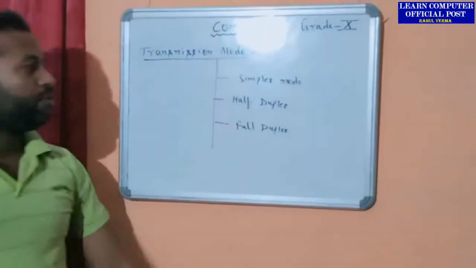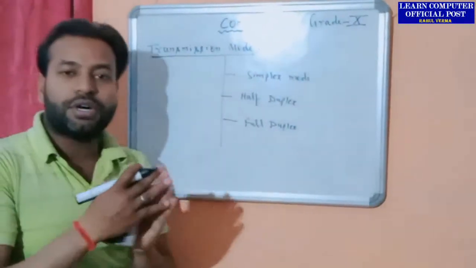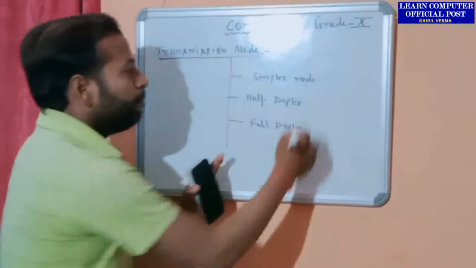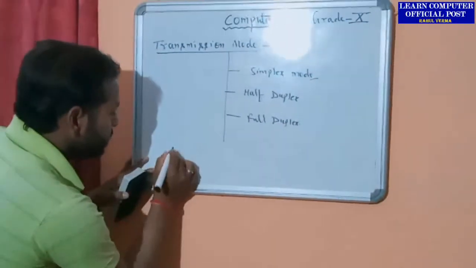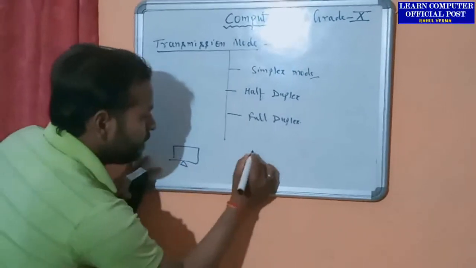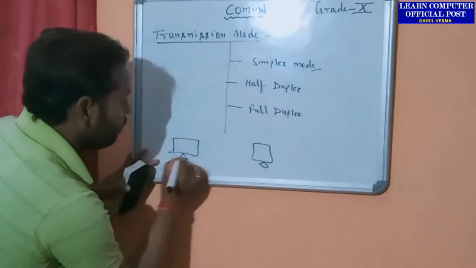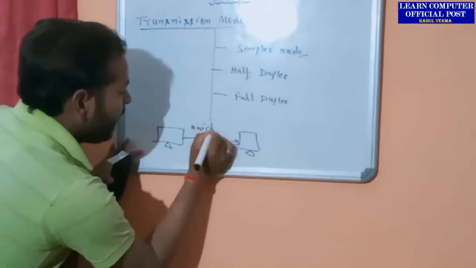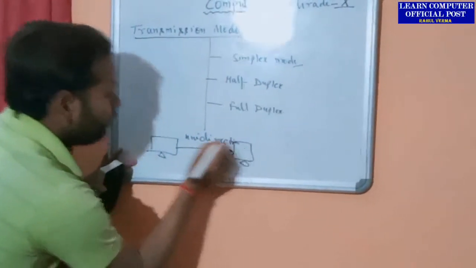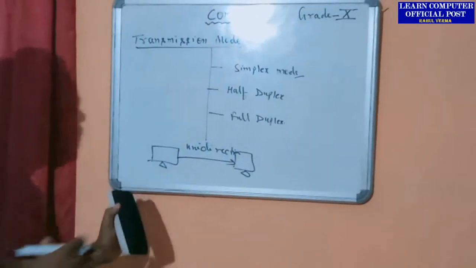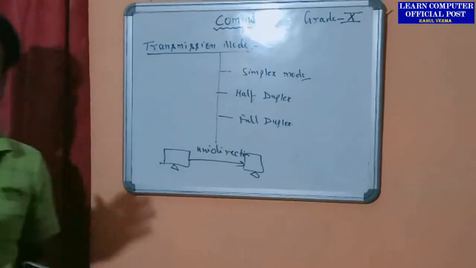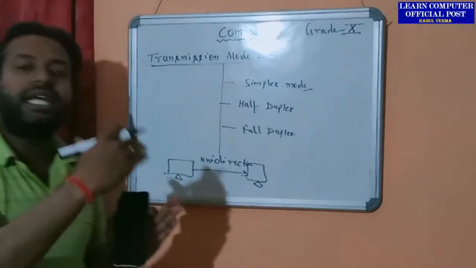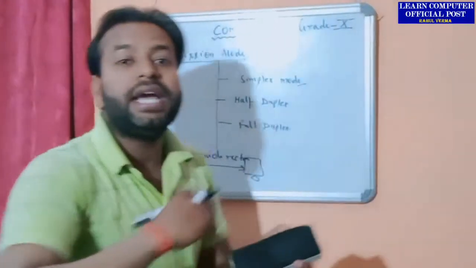What is simplex mode? Simplex mode is a process of transferring data from one computer to another computer. But in simplex mode, the data can be transmitted from one computer to another only in one direction. It will be only unidirectional. Unidirectional means that data will only be transferred but not received.